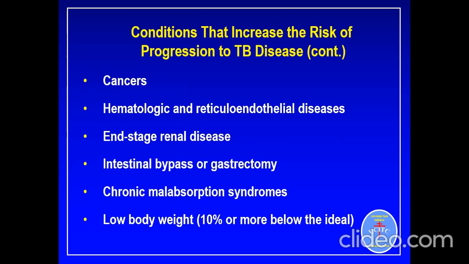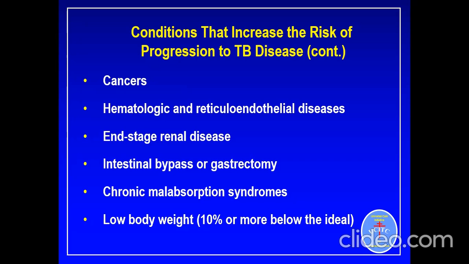Cancers, hematological and reticuloendothelial diseases, end-stage renal disease, people who have had intestinal surgeries, bypass or gastrectomy. Nowadays, there's a craze for doing bariatric surgery to reduce obesity, and we find that a lot of these people land up with tuberculosis because of poor nutrition.